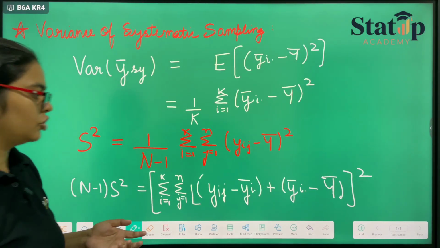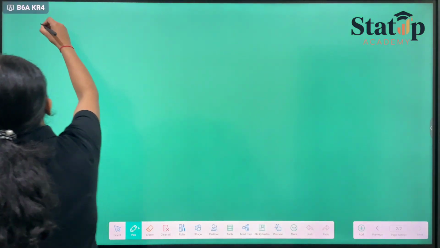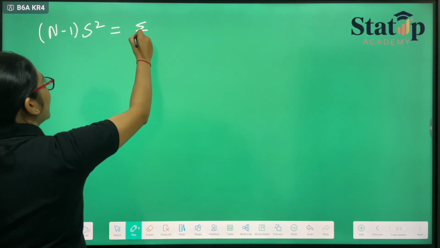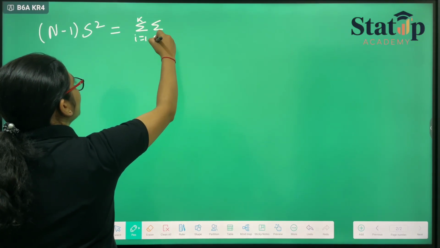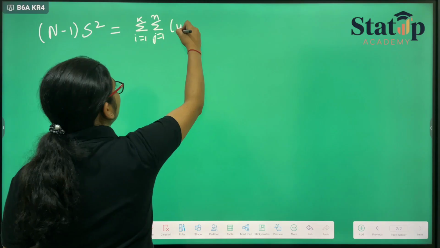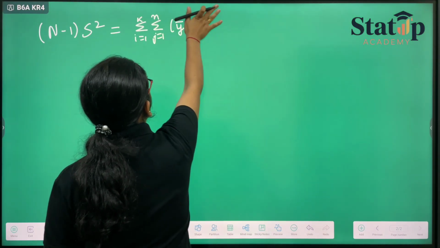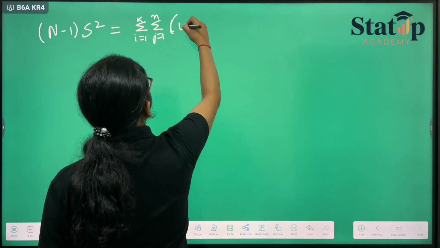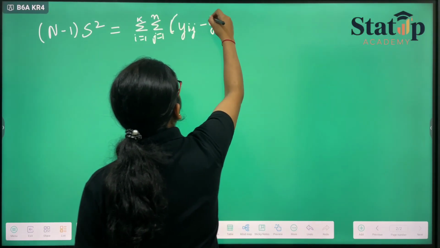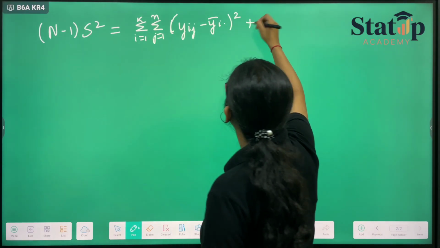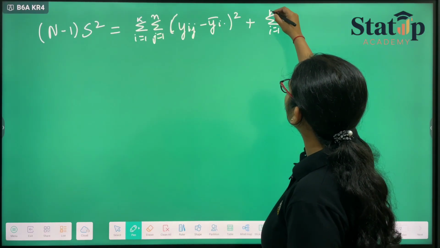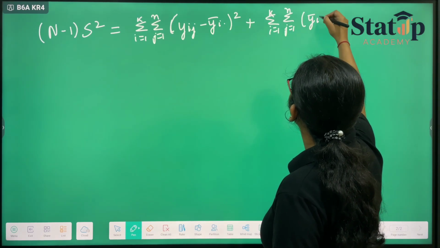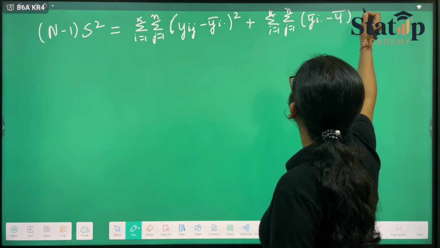Now opening this summation, we will get n minus 1 S square is nothing but summation i goes from 1 to k, summation j goes from 1 to n, yij minus y bar i dot whole square, plus summation i goes from 1 to k, summation j goes from 1 to n, y bar i dot minus capital Y bar whole square.